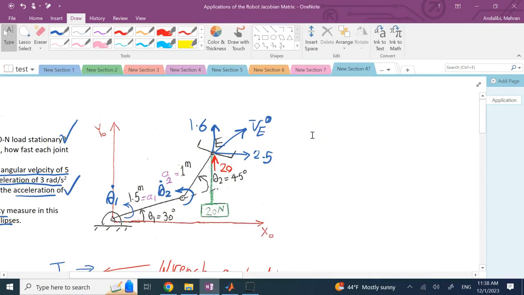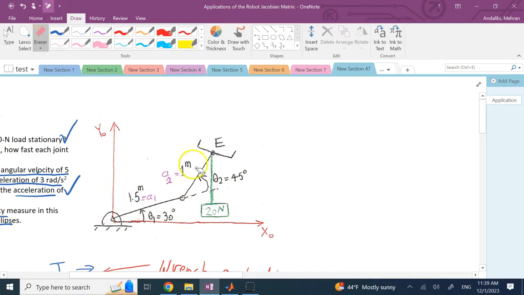So if I go back here, let's see if I can draw it on the robot. Here, the goal is to draw an ellipse centered at the end effector at this moment. So let's go ahead and draw an ellipse. If this guy allows me to rotate it, I don't think it does here, so I have to draw it with my pen.